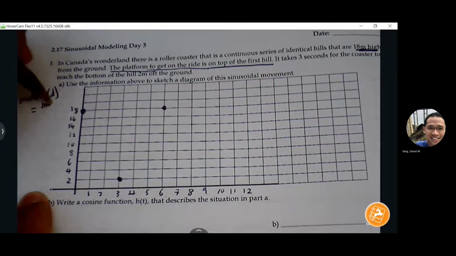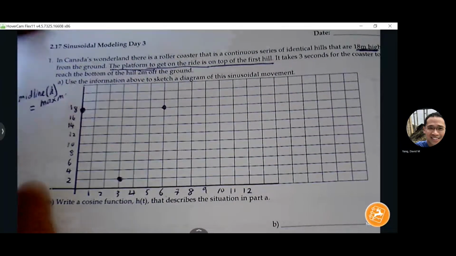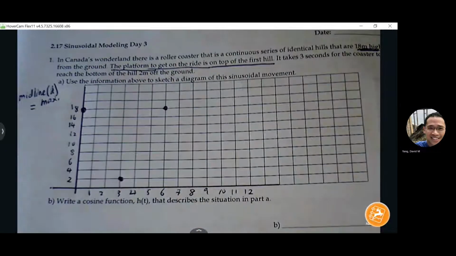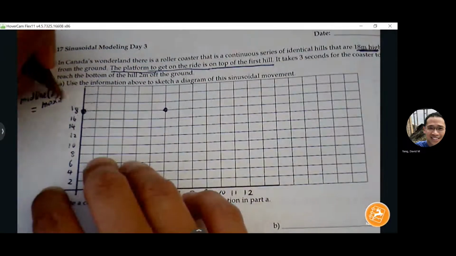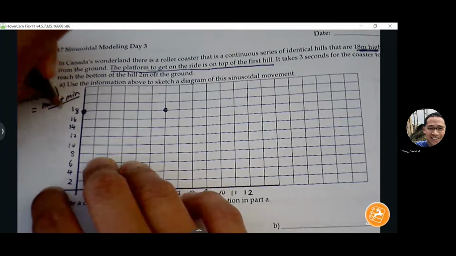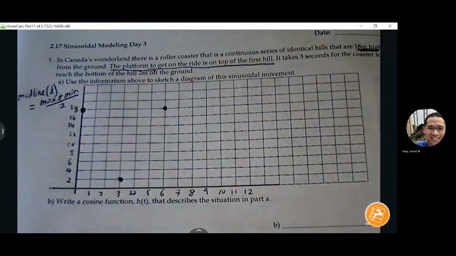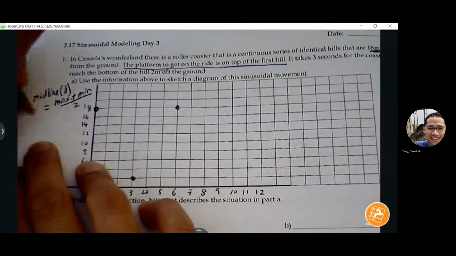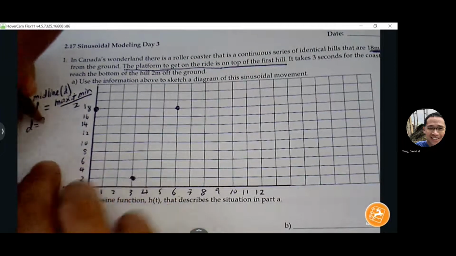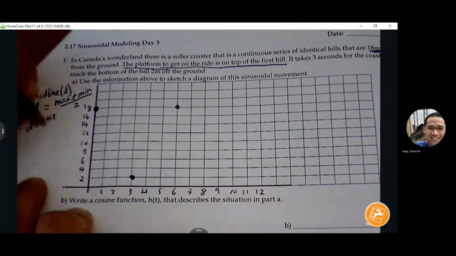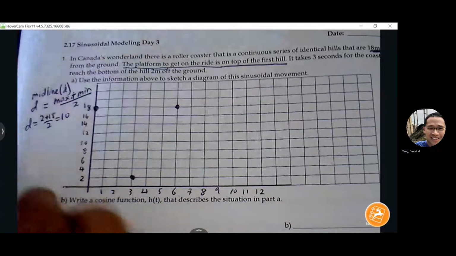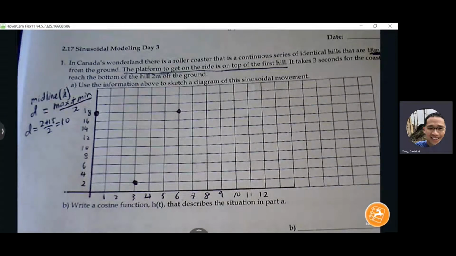Max plus min divided by 2. So we know the halfway point is at 10. We can do a dotted line there.